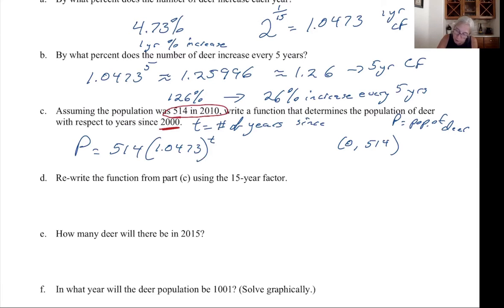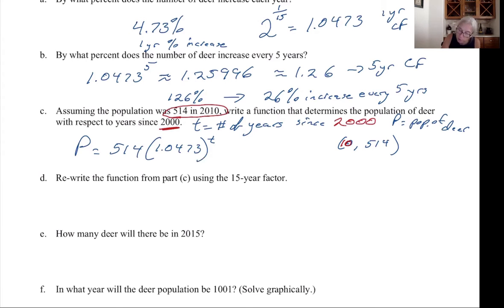T is the number of years since 2000. So that means then it's not year 0 that I have 514 deer. It's year 10 that I have 514 deer. Very important that we pay attention to how the variable is defined because it changes your reference point.